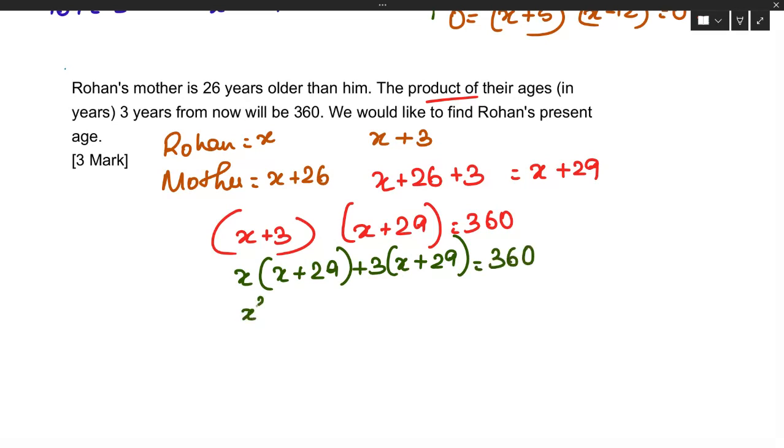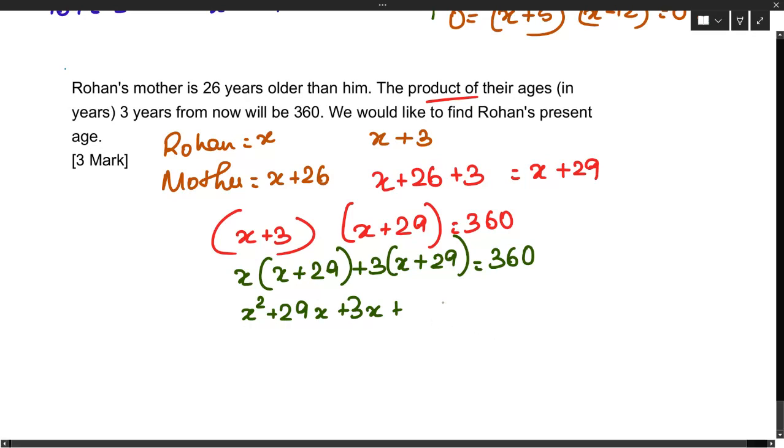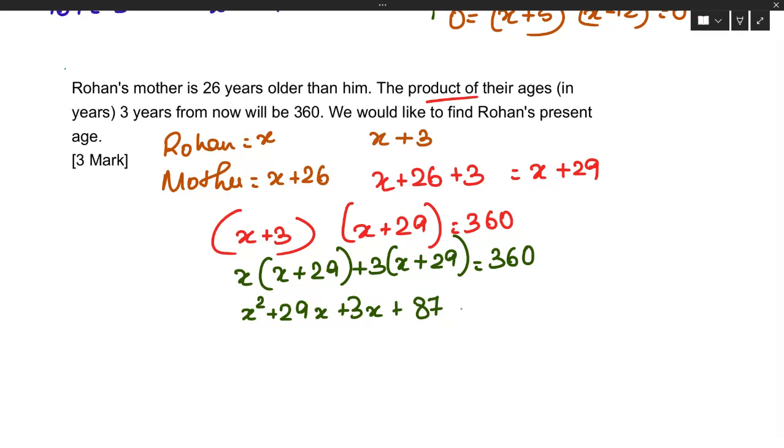So X square plus 29X plus 3X plus 29 times 3, which is 87, correct? 9 threes are 27, 3 twos are 6, 7, 8, which is equal to 360. So X square plus 32X plus 87 minus 360 is equal to 0.